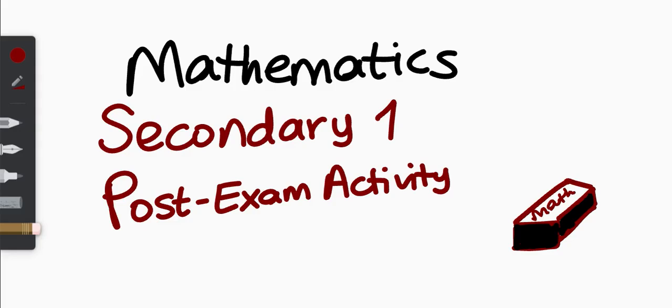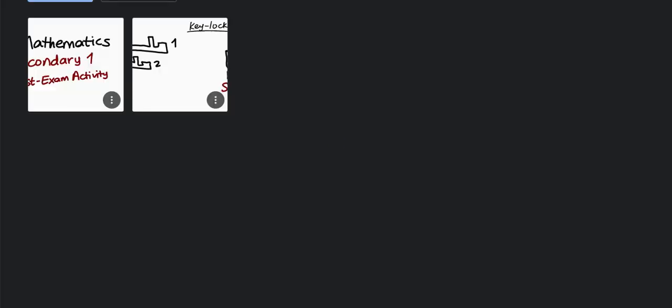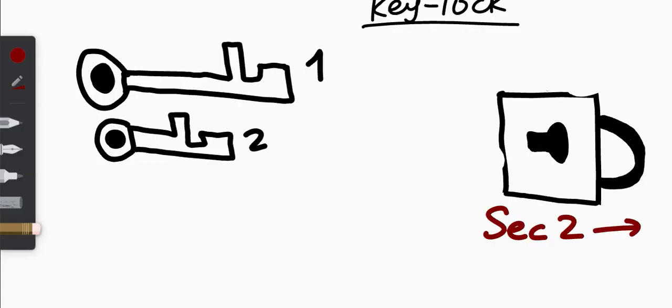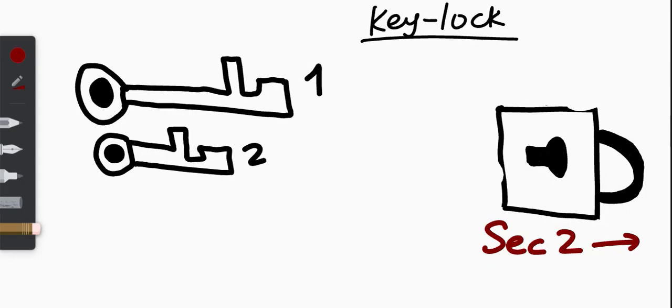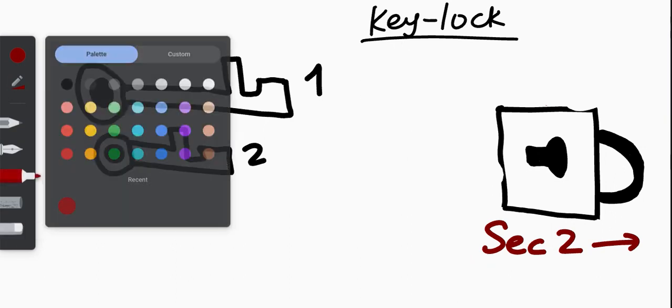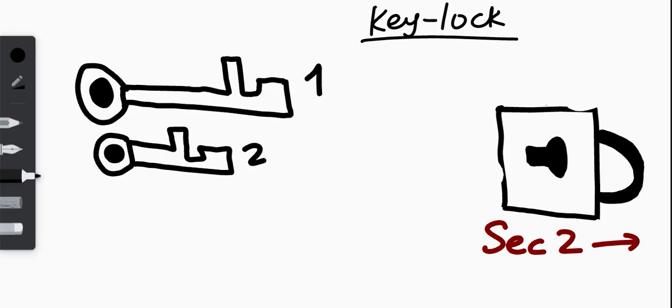Okay, let's start proper. For today there's this activity, which is the key lock. I already have 3 keys, but one of them I have tried and it does not fit the padlock. So your task today is to fit the key into the lock.